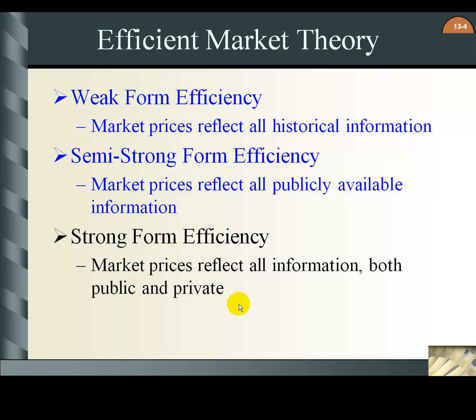That's why there is a law against taking advantage of insider information. So we can say that in reality the market is weakly efficient and semi-strongly efficient, but the market is not strongly efficient. You should pay particular attention to these three different forms in the textbook.